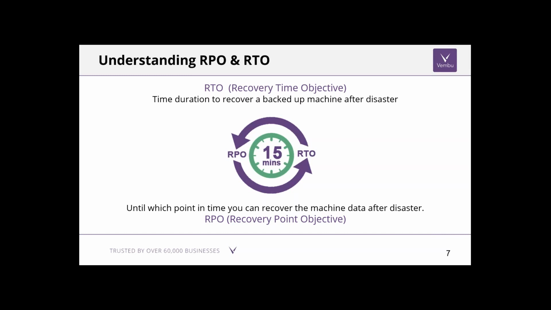For RPO, we provide backups once every 15 minutes, so you can make sure the recovery point objective is 15 minutes. After the recovery you might lose 5 to 10 minutes worth of data. So you get less than 15 minutes RPO and RTO with the Vembu BDR suite.